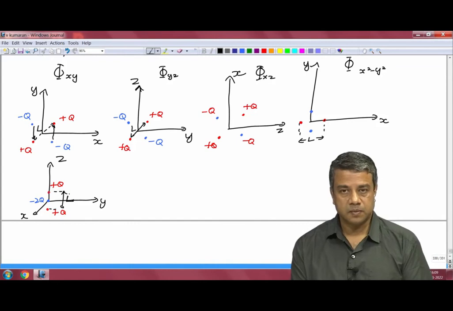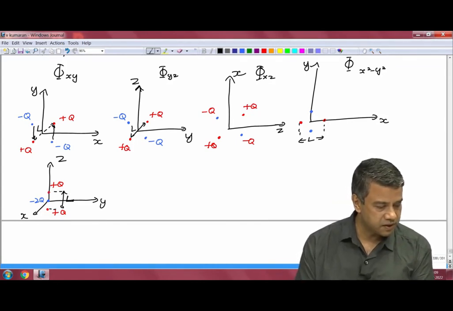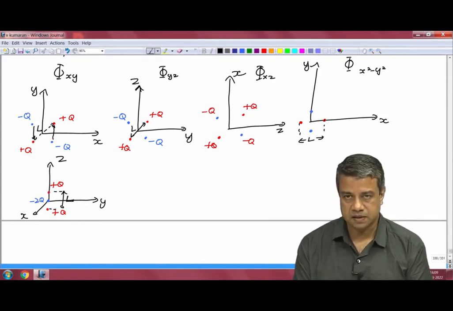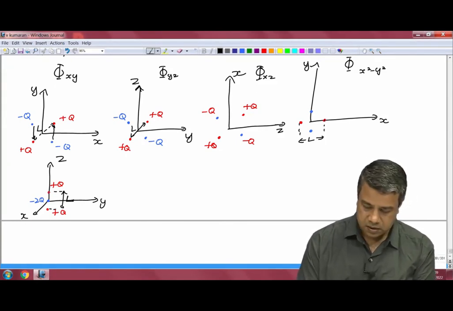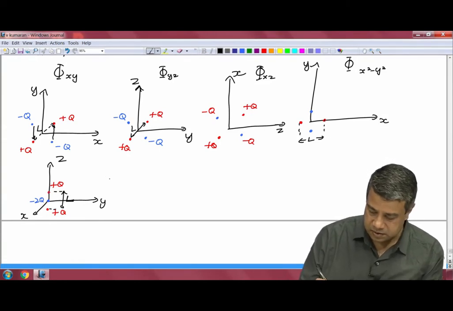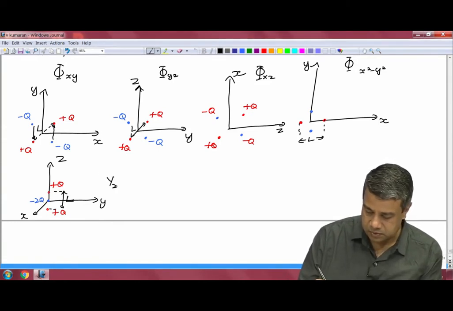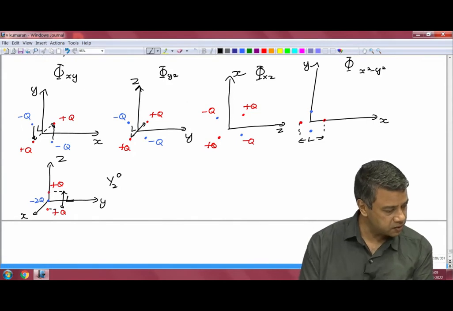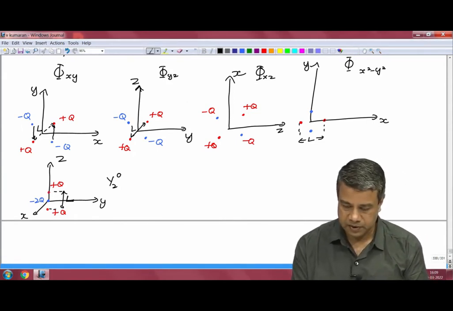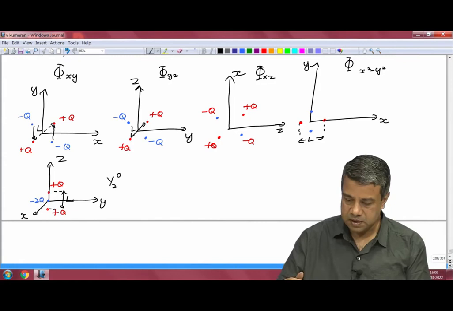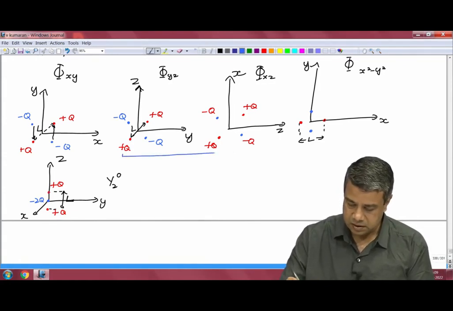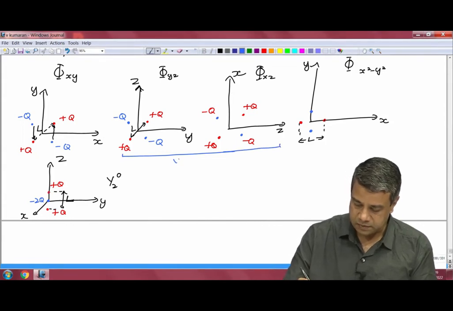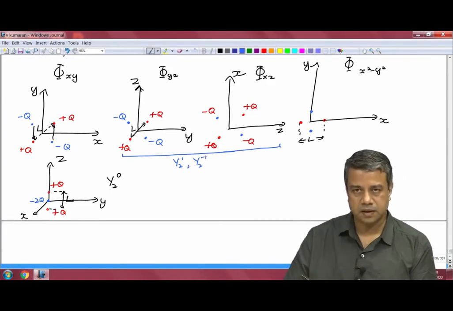So, these are the combinations of sources and sinks that give rise to these terms in the spherical harmonic expansion. This term is proportional to y 2 0. The yz and xz terms are combinations of y 2 1 and y 2 minus 1.